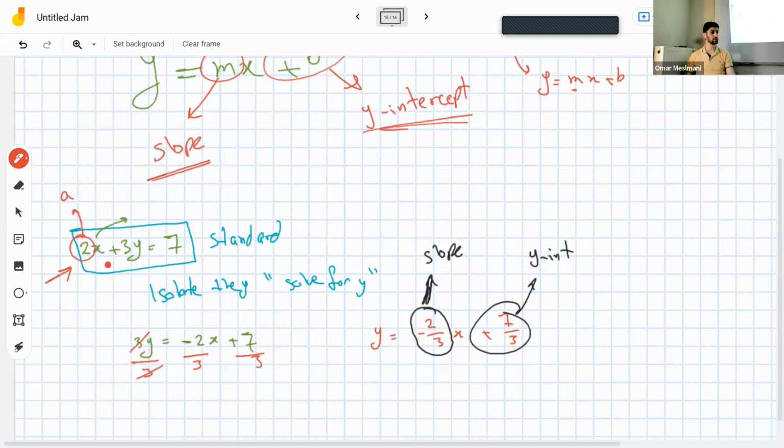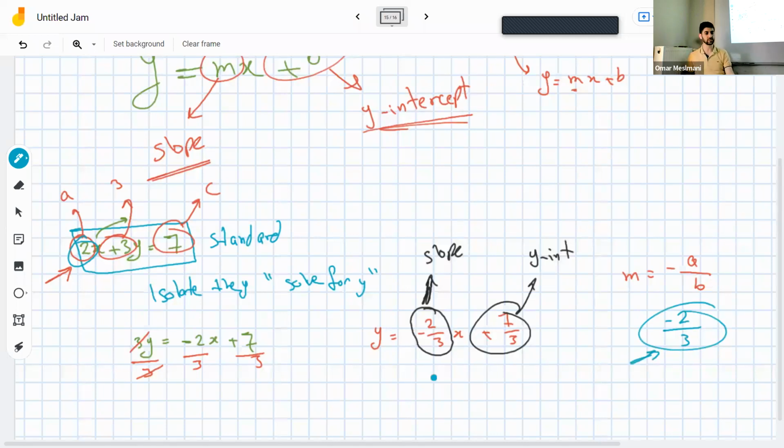The value of a is 2. The value of b is 3, and the value of c is 7. If I apply the formula, the slope is equal to minus a over b. Minus a is -2, so I say -2 over b. B is 3, so -2/3, and yes, it is my answer. It is my slope, as you see. It is the same.